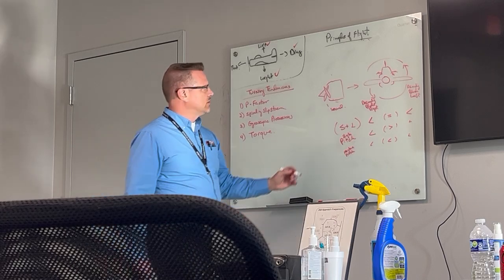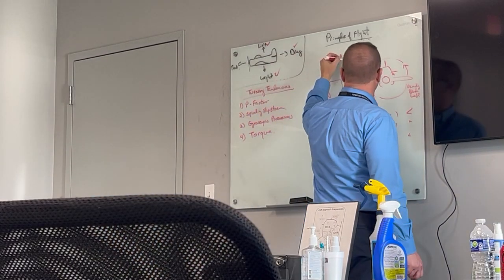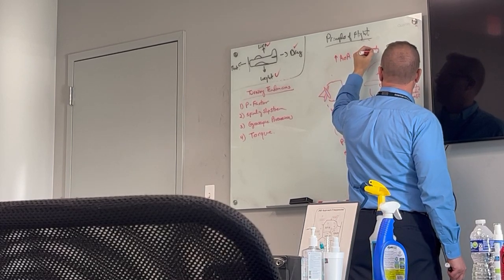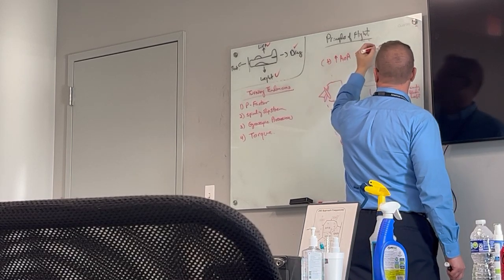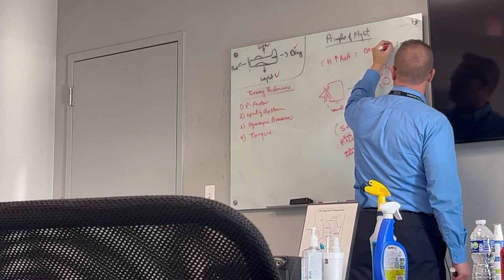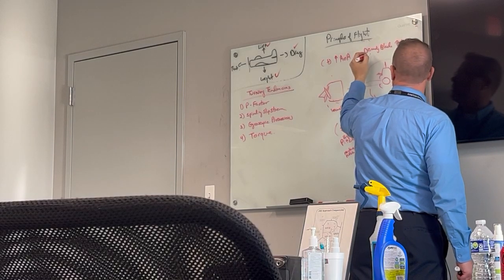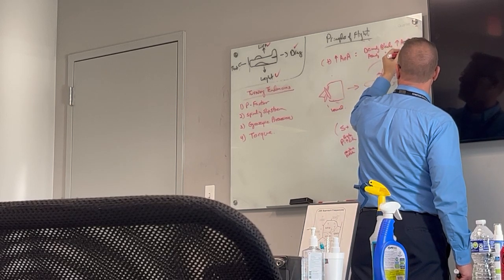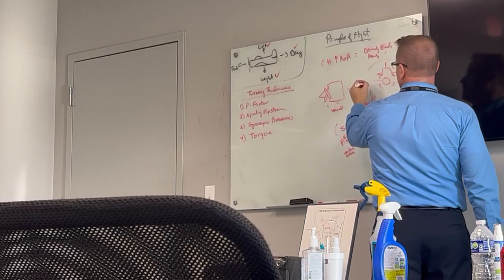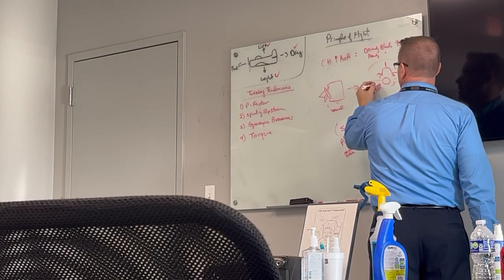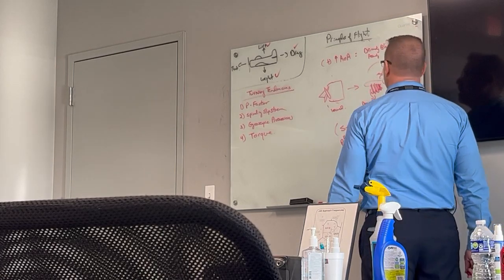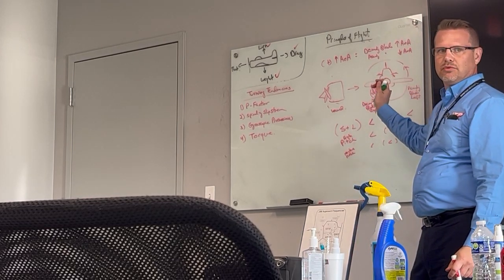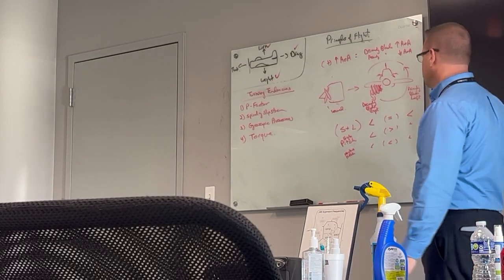So in a climb, the descending blade has an increased angle of attack, and the ascending blade has a very much decreased angle of attack. If this is creating a lot more thrust on the descending blade because we pitched up, it's going to give us a turning tendency to the left. It's going to yaw us to the left.